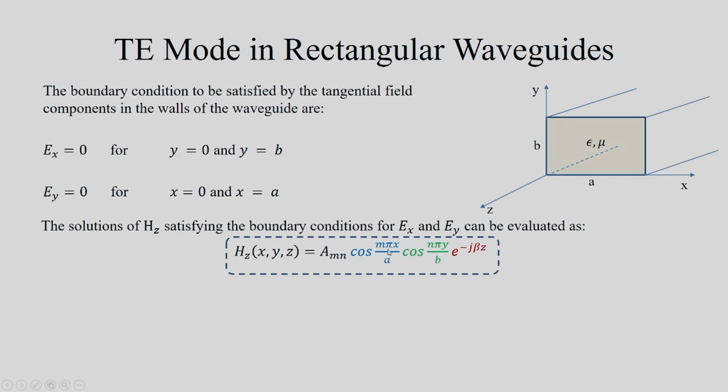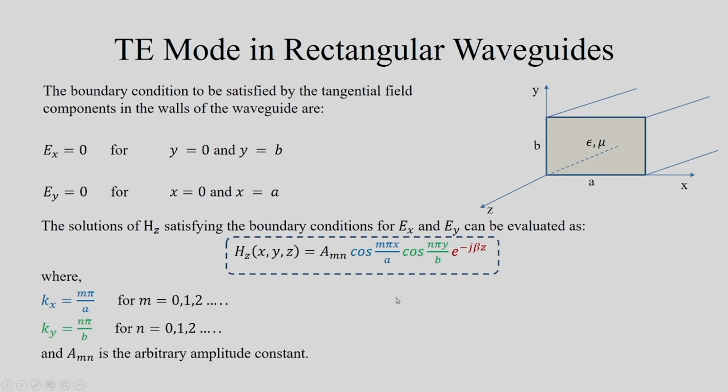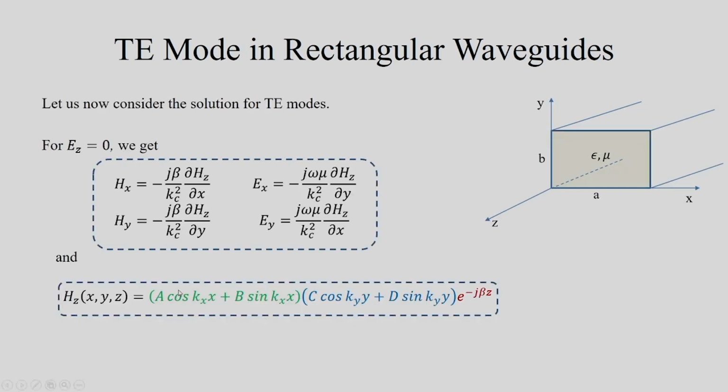Here we find that kx is actually m pi by a, ky is equal to n pi by b, and m can take values 0, 1, 2, similarly n is equal to 0, 1, 2, like that, and Amn is an arbitrary amplitude constant. Note that the sine terms in the general equation of Hz are dropped so that we can satisfy the boundary condition for Ex and Ey.